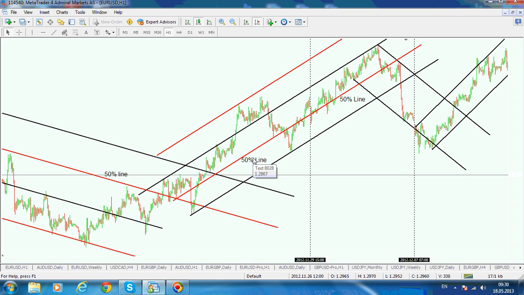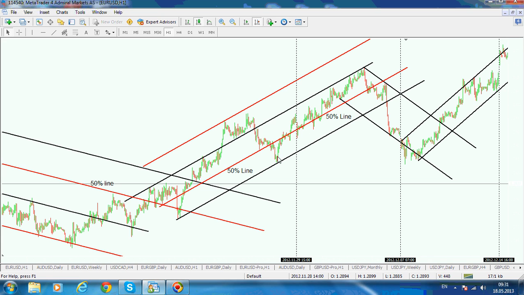It is acting as main support and resistance area, and on the channel to the upside, the main sensitive part is the downward trend line here, this one, and it is just being tested, see, but not broken until here, and the 50% line has just a tendency to attract, and price acts around it like a support and resistance area.